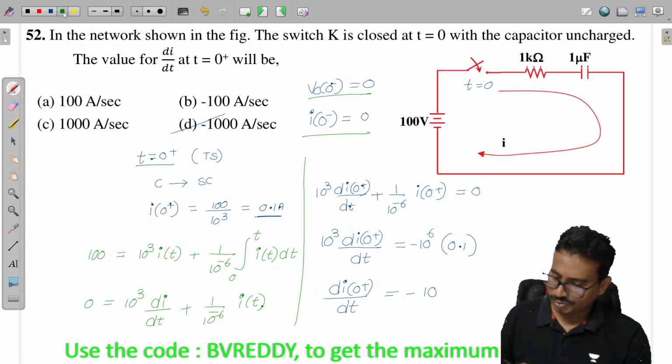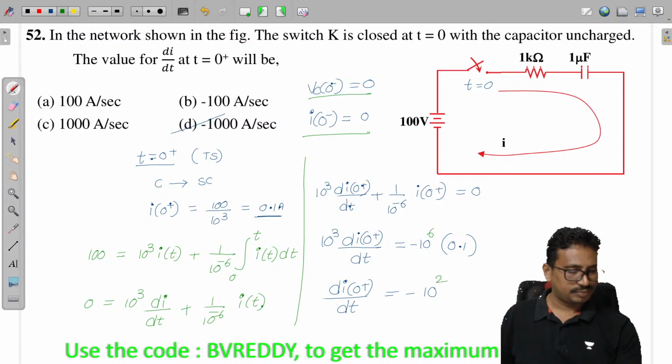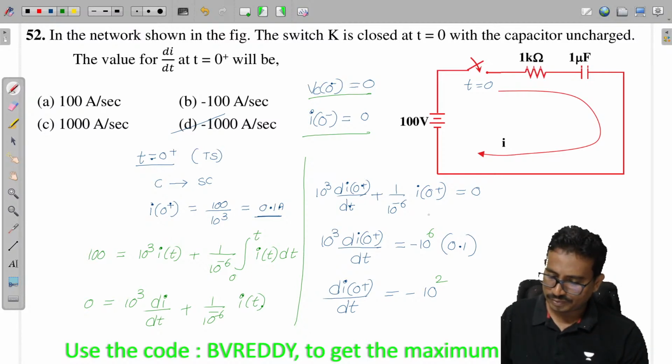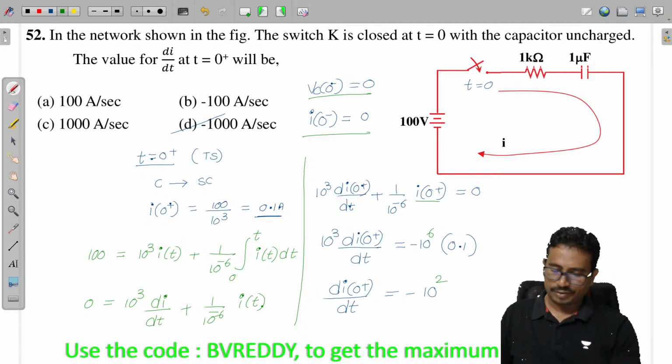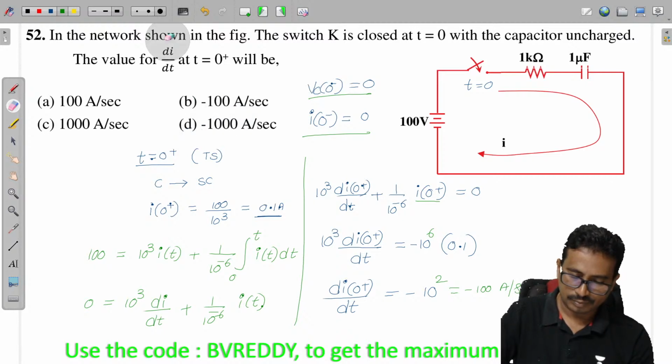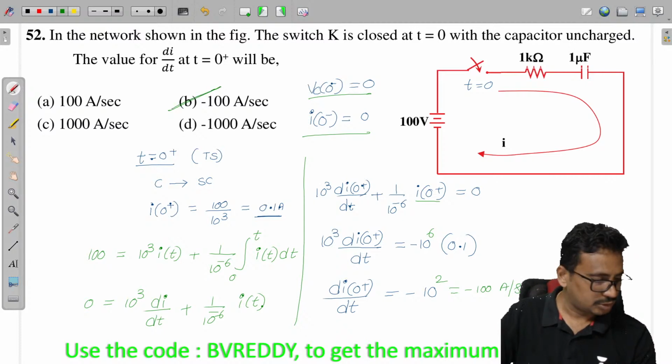When you take it up, with the value 0.1, di of 0 plus by dt is equal to minus 100 amperes per second. So option B. Check it, all of you.